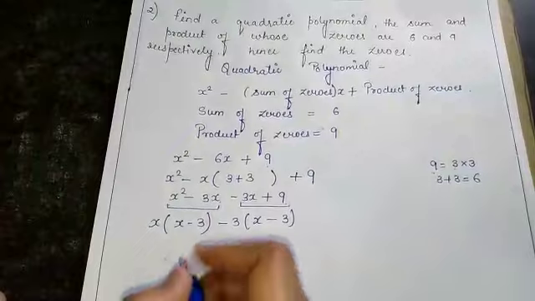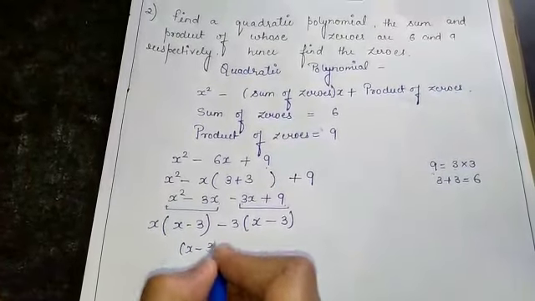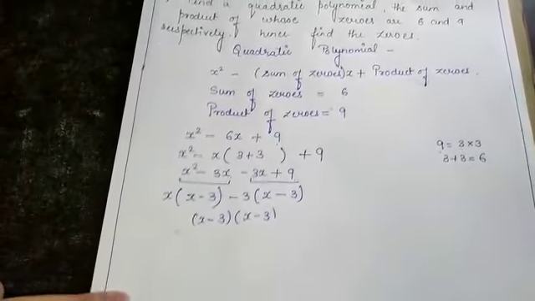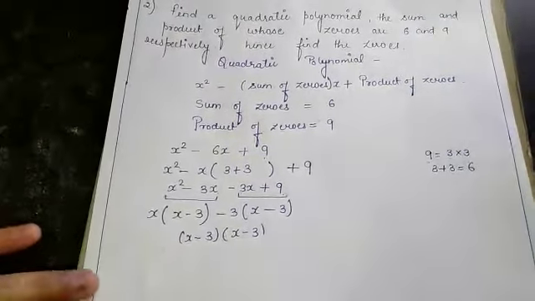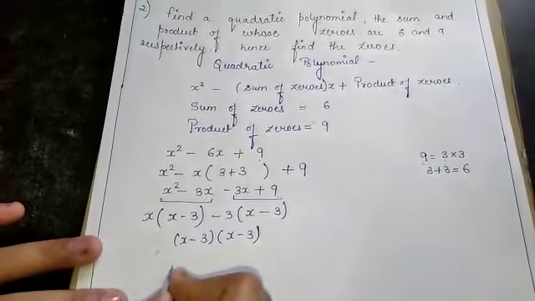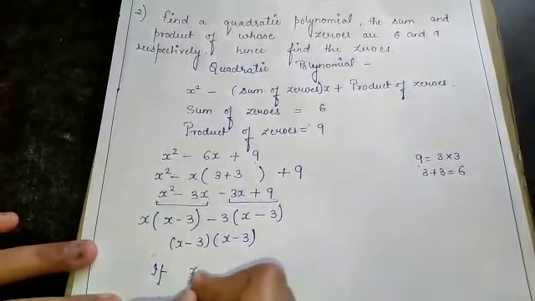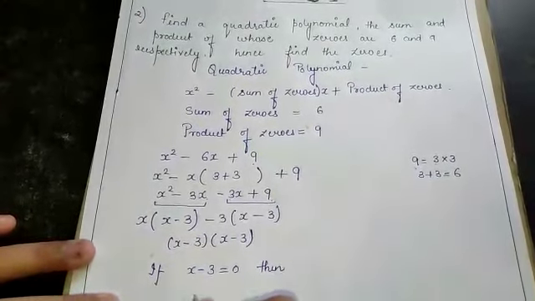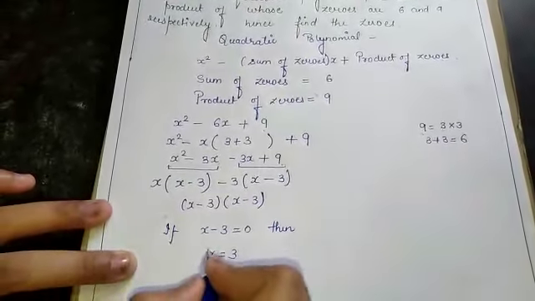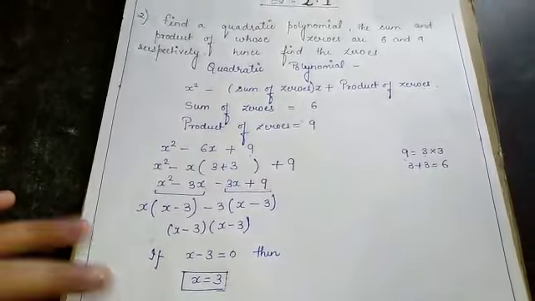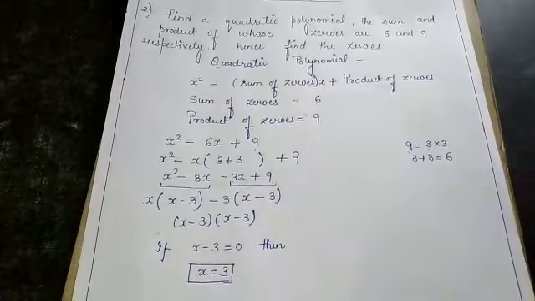So x minus 3 and x minus 3. So this is the solution. Now the zeros of this polynomial: if we take x minus 3 equals 0, then x is equal to 3. So this is the zero of the quadratic equation.